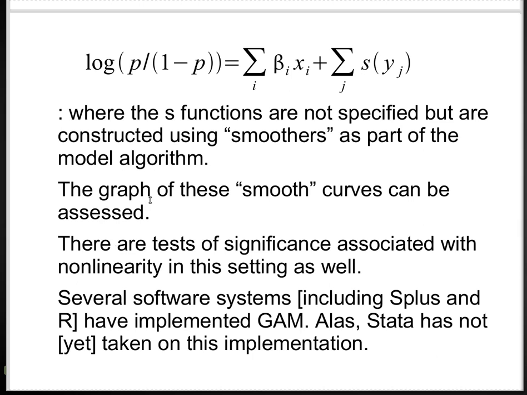But R most certainly does. That's an area where there's quite a bit of difference, and the assessment of nonlinearity done in this setting can be done with considerable advantage. Now, there have also been competing models discussed, models to compete with generalized additive models, and that's another topic, not for this session, but one that will come up in later sessions.